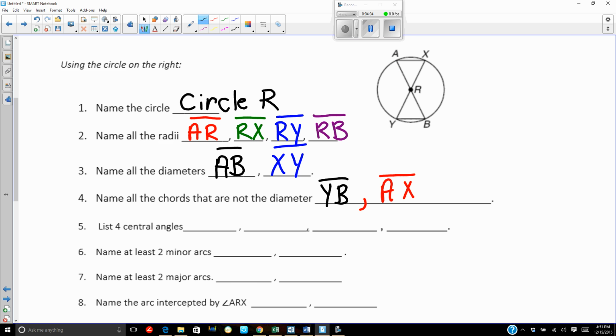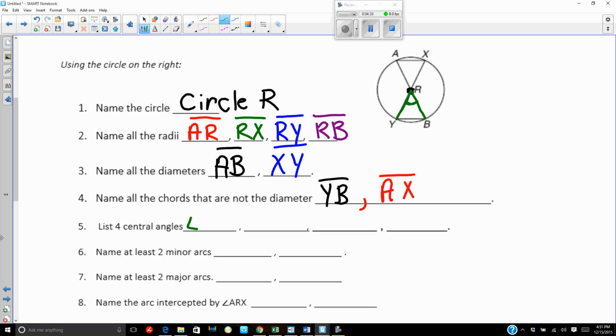Next question, list 4 central angles. So an angle, now we're looking at degrees inside this circle. A central angle has the vertex at the center. So one central angle I see is this one I've drawn right here. That's a central angle because the vertex is at the center. We need 3 letters to name that angle, and we also need the symbol.